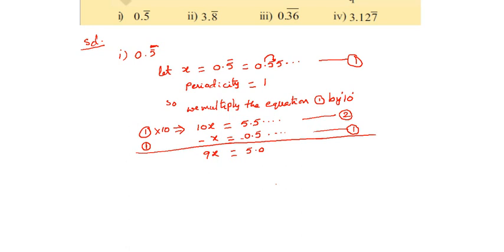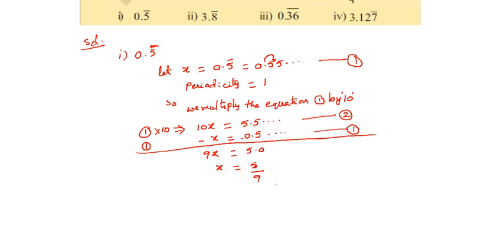Then what do you get? 5.0. Now x is equal to 5.0, which means 5 by 9. So what we require here is to convert the given decimal form of a rational number into p by q form.